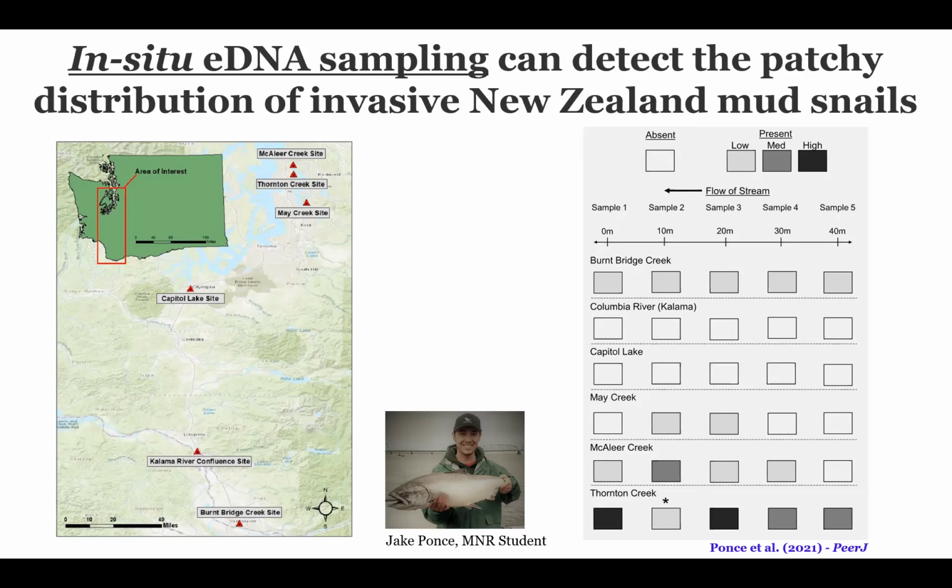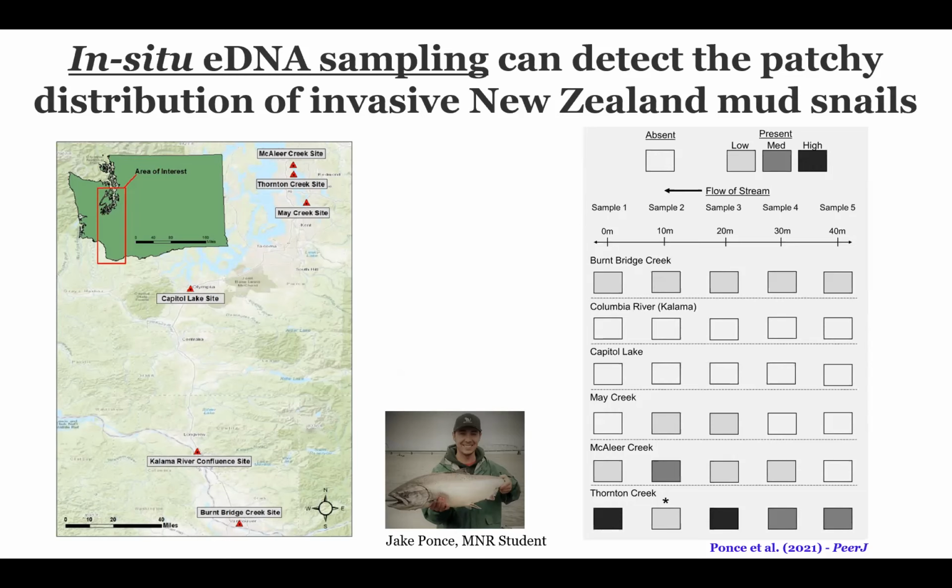In some cases, you need to tweak this method to see the species that are more patchy. You may need to sample along different lines and sections to make sure the species is present. In the last two lines you can see the idea of patchy distribution.